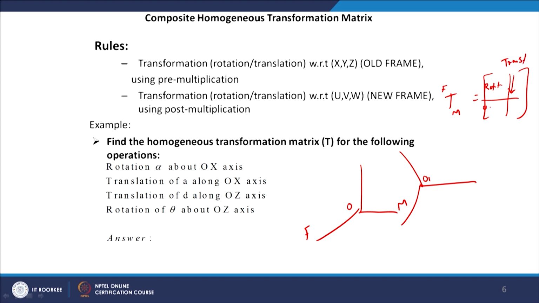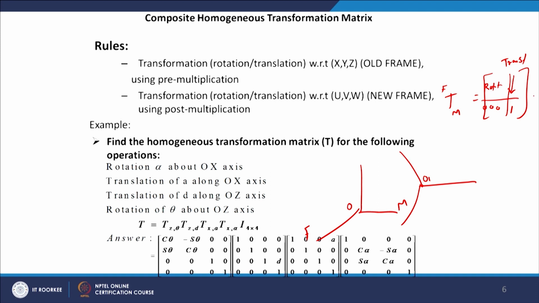And then the fourth row is a dummy row to take care of the dummy variable 1 in the vector notation.